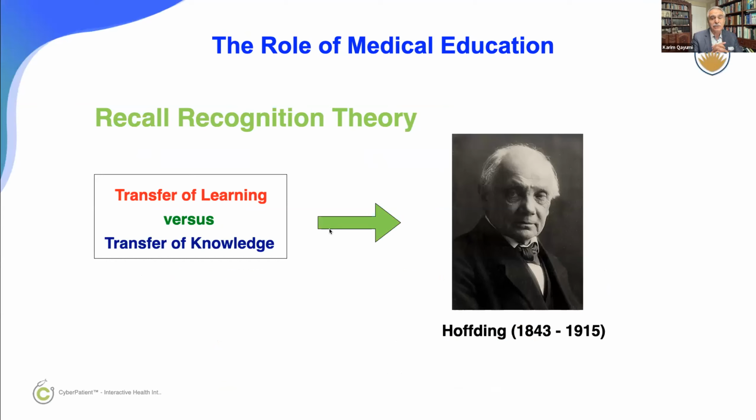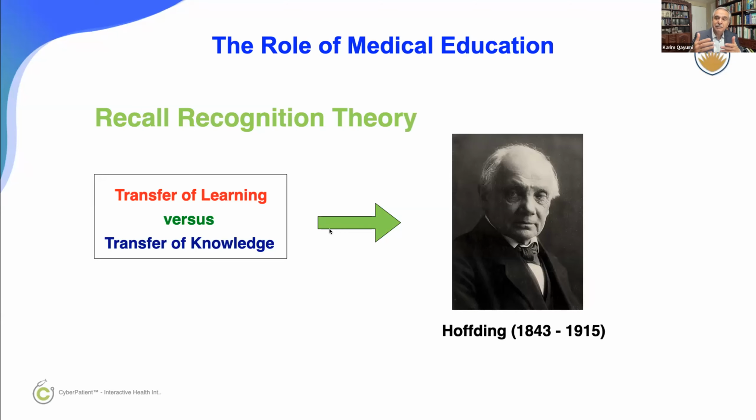So recall, recognition, memory was actually a theory proposed by Hafting. And he distinguished between transfer of knowledge and transfer of learning. So transfer of knowledge is between 2 people or between groups of people.